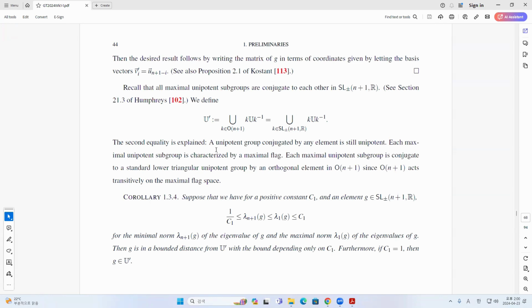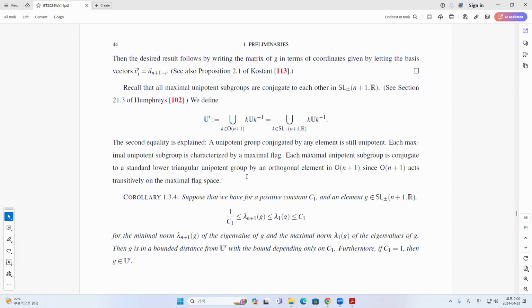This is because any unipotent group conjugated by an element is still unipotent, and the unipotent group is characterized by a maximal flag, and any maximal flag is conjugate to the lower triangular unipotent group by an orthogonal element of O(N+1), because O(N+1) acts transitively on the maximal flag space.